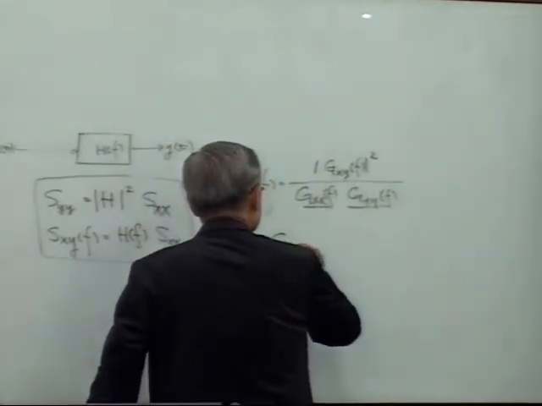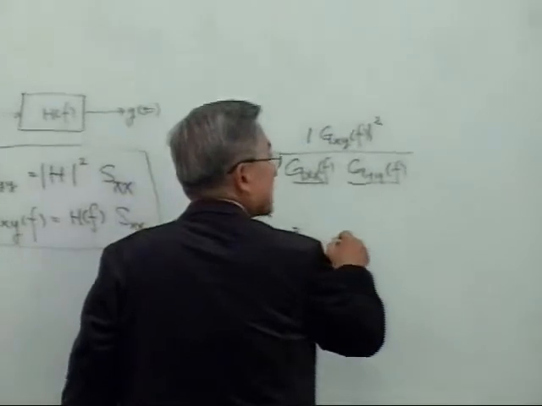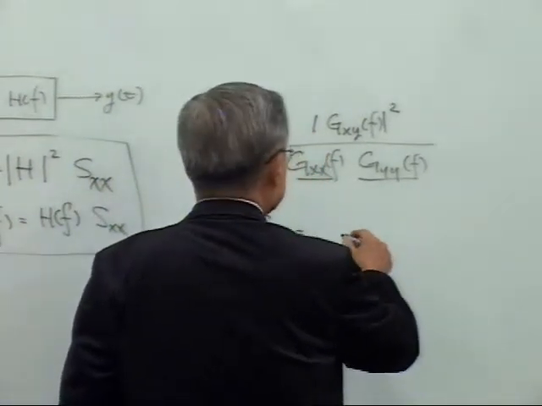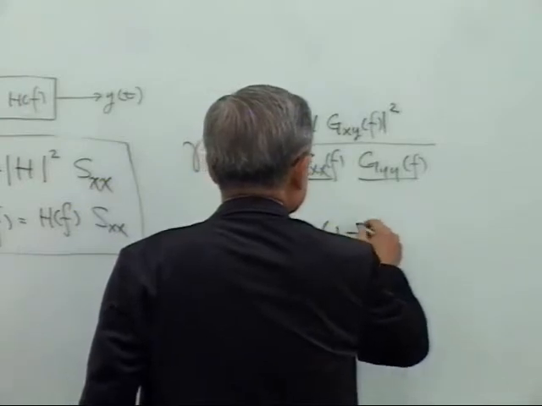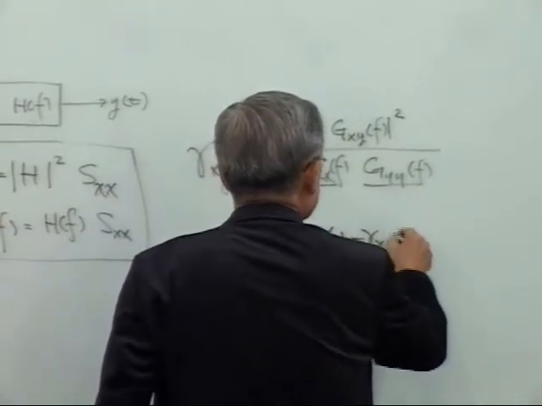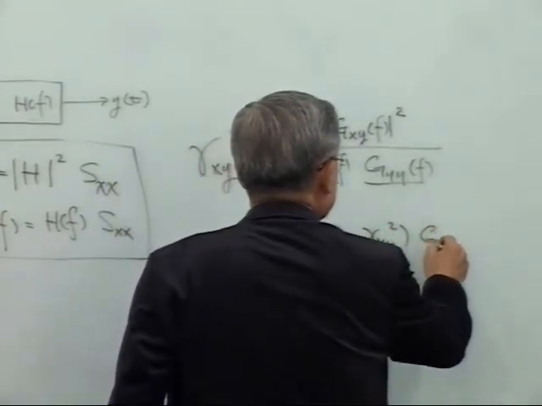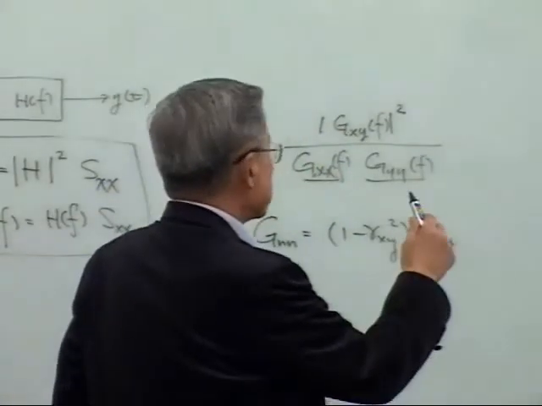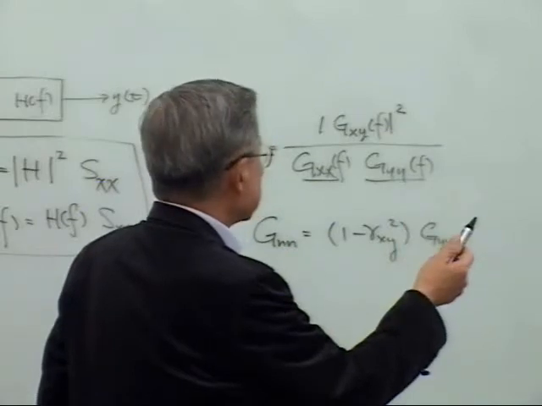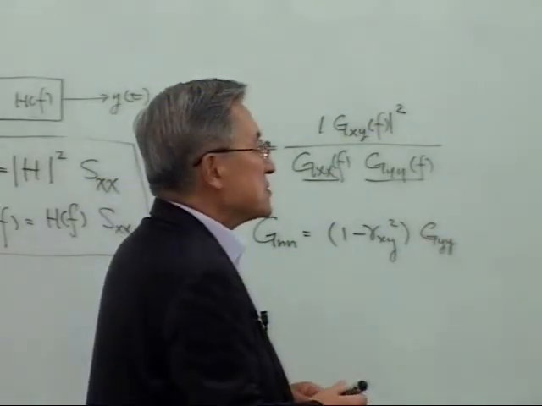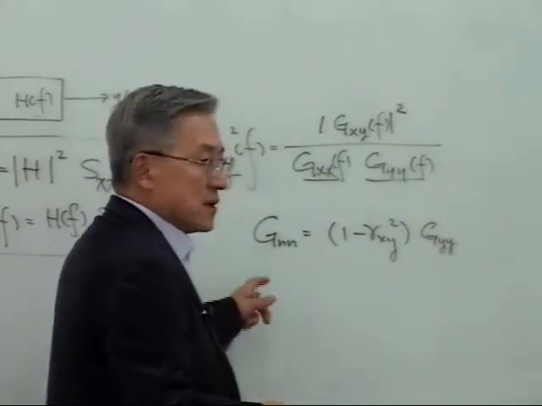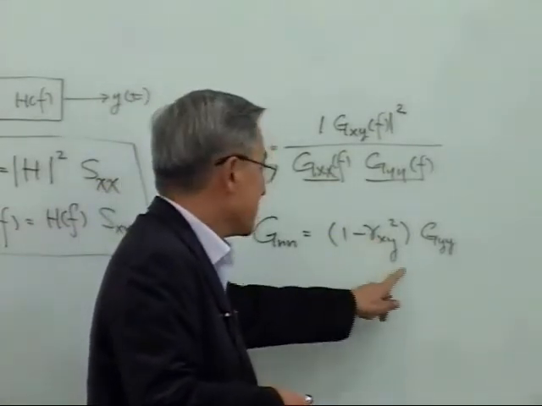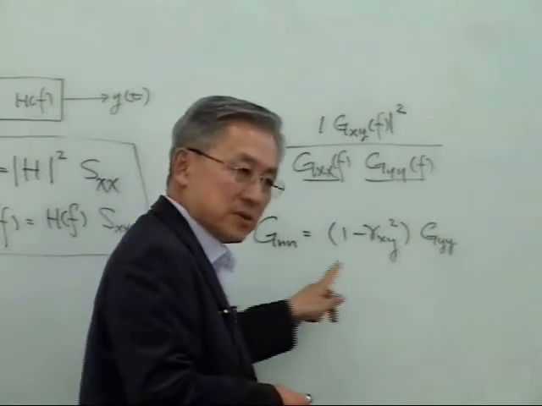GNN is equal to 1 minus gamma xy square times GYY. Is it true? Switch it to minus, yeah. So you can calculate this, measurable. Well, calculatable. Then you can compute that.